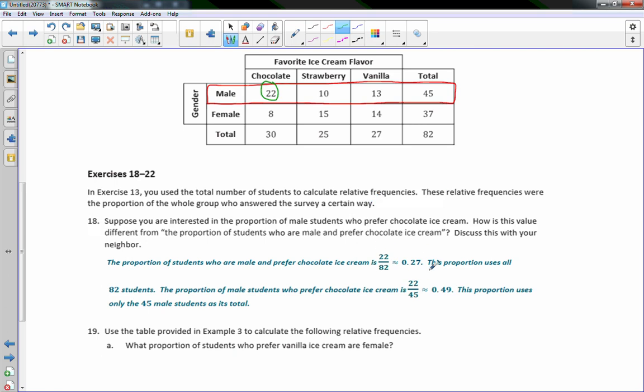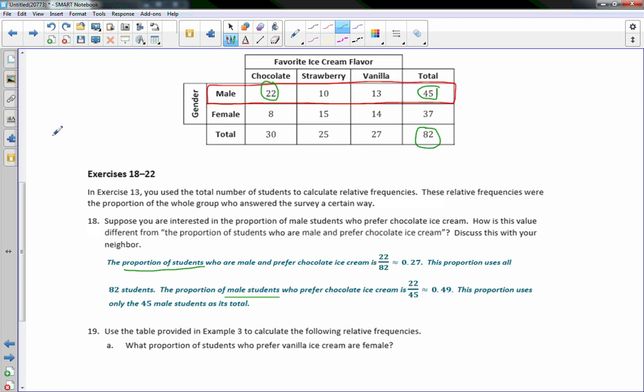And that's what this is here. 22 out of the total. But then if we say the proportion of male students who prefer chocolate ice cream, we're just talking about the male students. This says proportion of students. That is the difference. The proportion of male students is all the males. That is the difference. Okay.